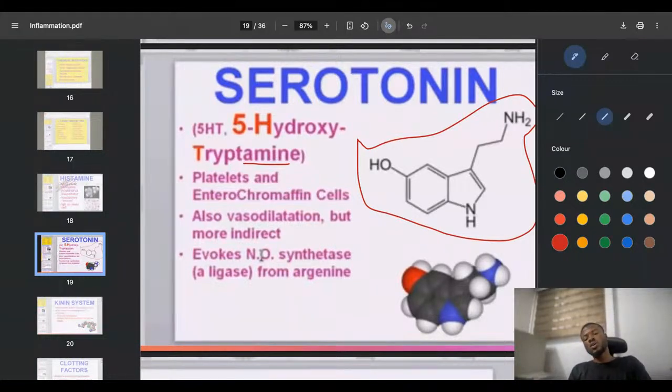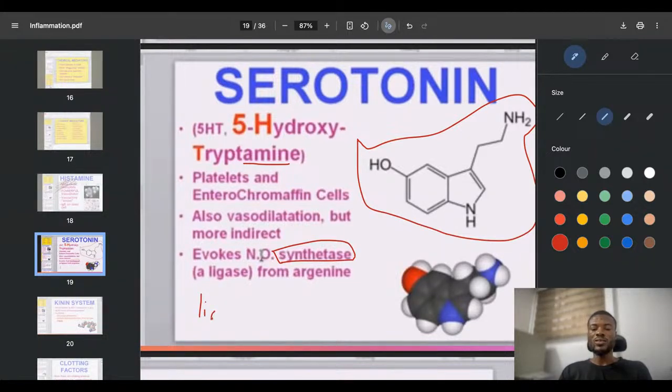They also cause vasodilation, but it is not as direct as that of the histamine, and they cause the production of an enzyme, a group of enzymes which are called synthetase. Okay, synthetase, which is a ligase. When we say something is a ligase, it's an enzyme that causes ligation.